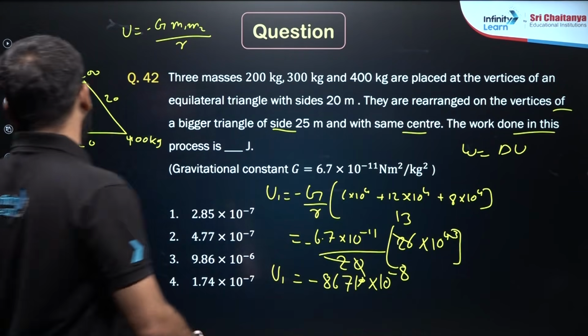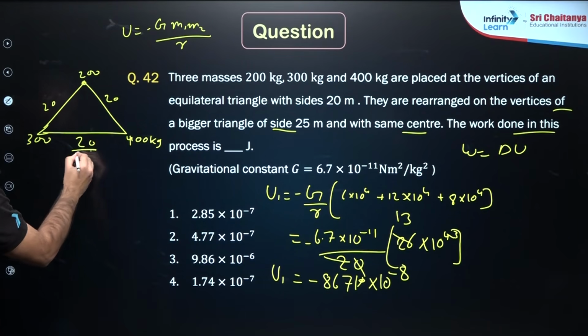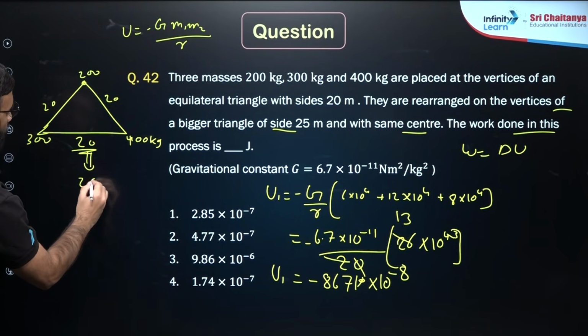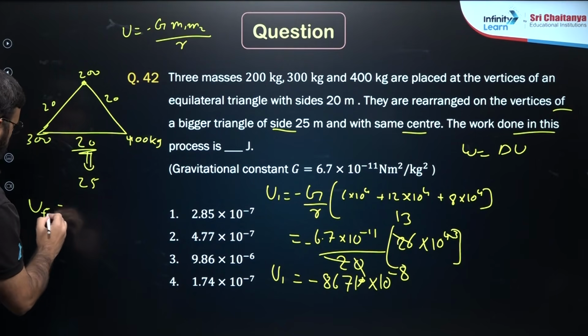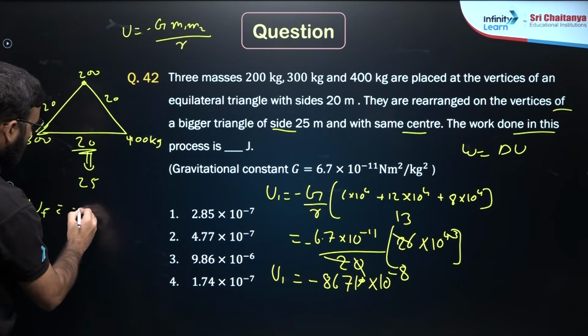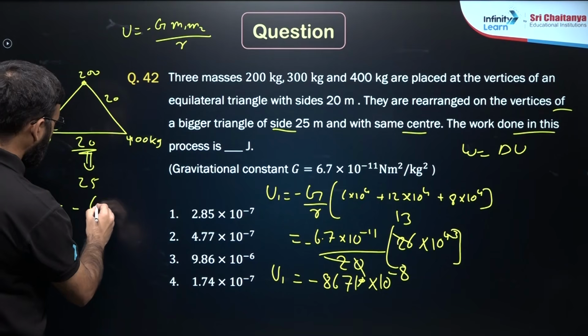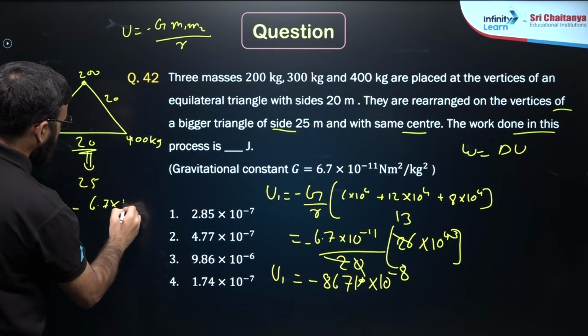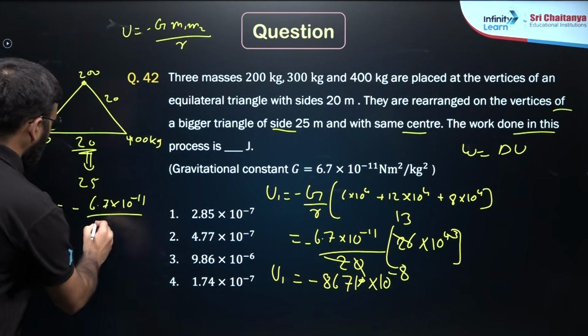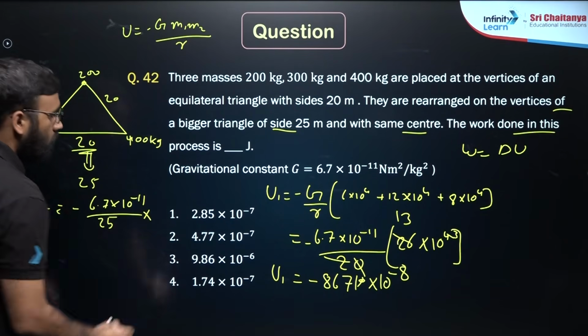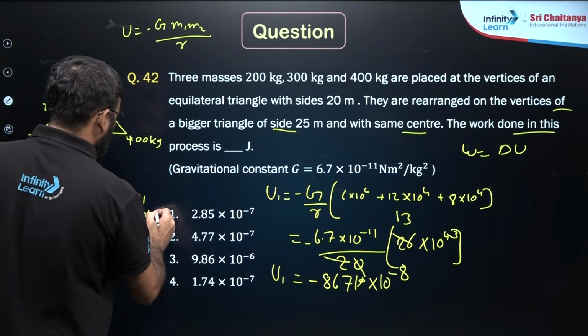Similarly, if I increase this 20 by 25, nothing else is changed, just my u final is minus 6.7 into 10 to the power minus 11 divided by this 20 replaced by 25, okay, into 26 into 10 to the power 4.